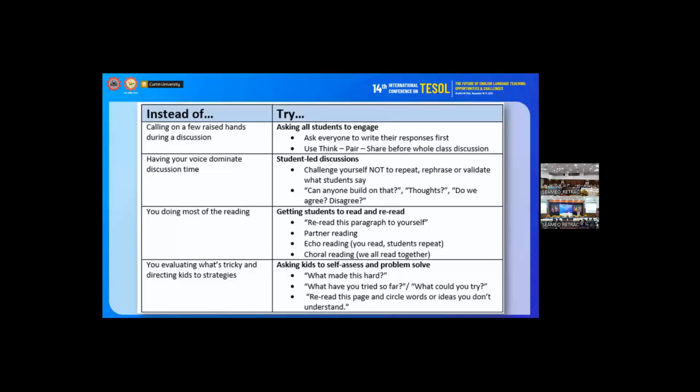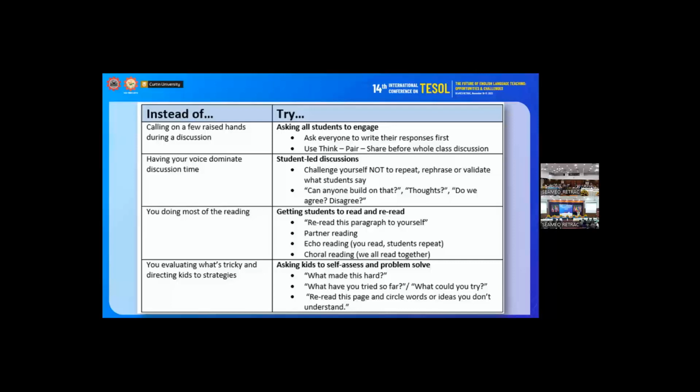But the students should talk about 80%. Now, I'm guilty of talking too much. I am trying very hard as a teacher to get my ratio down. But she has some very simple ways to start the process.